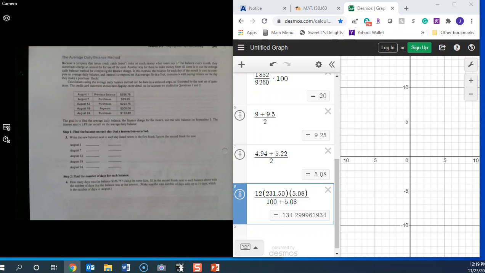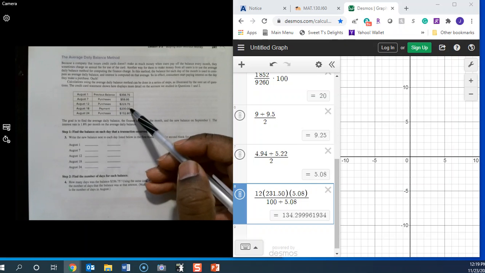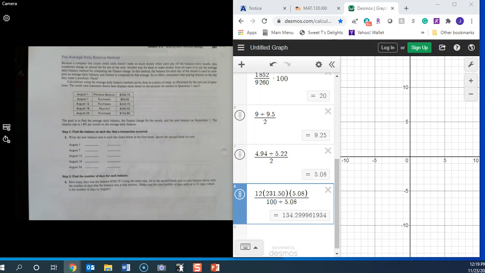Ouch. Calculations using the average daily balance method can be done in a series of steps as illustrated by the next set of questions. The credit card statement shown here displays more detail on the account we studied in questions 1 and 2. So we got the previous balance, we got purchases, we got a payment, and we have another purchase.